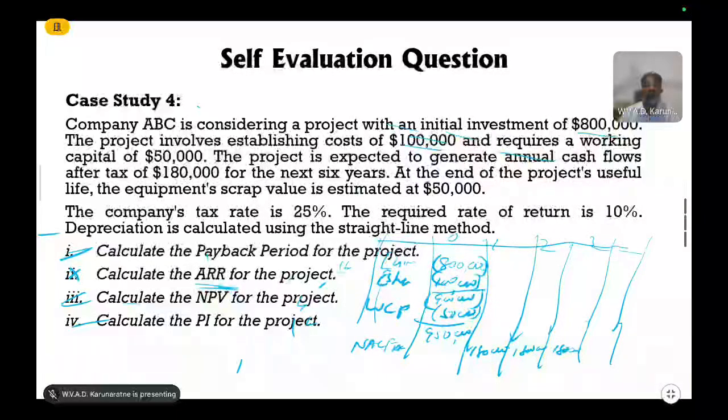Right. Actually, this should be 280,000. Please make this correction. 280. Lifetime is 4 years, no? It is given 5 years.